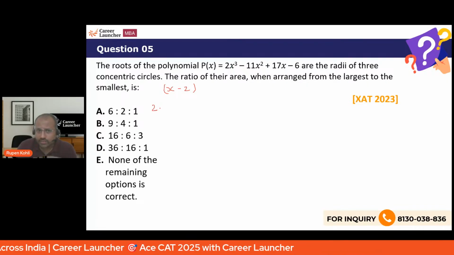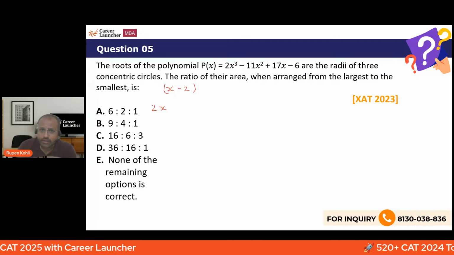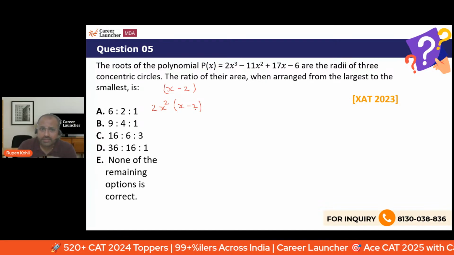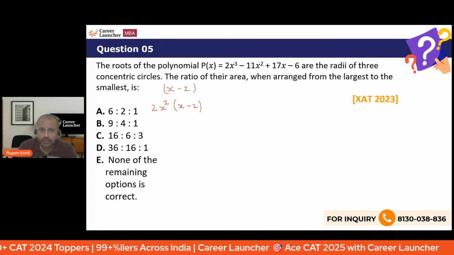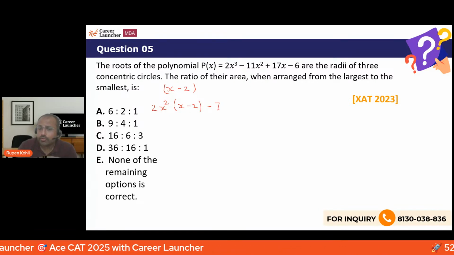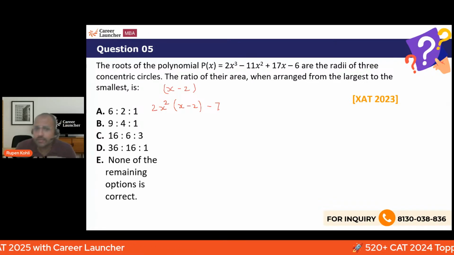So x minus 2, x into what is 2x cube? 2x square. So take out 2x square and in the bracket write x minus 2. So you have got your 2x cube. But now you're seeing minus 4x square, whereas this is minus 11x square. So minus 4 minus 7 is minus 11. So you should now write minus 7x square to match the next term.